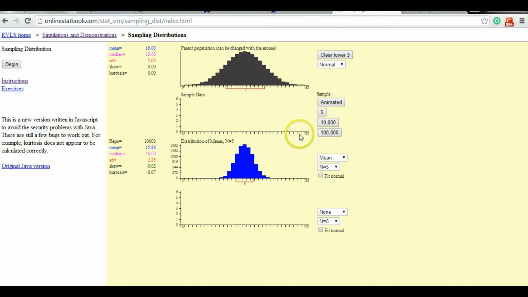Well, the first thing that we notice is that the center here is approximately the center here. As a matter of fact, the mean of our sample is 15.96 and the mean of our population is 16.